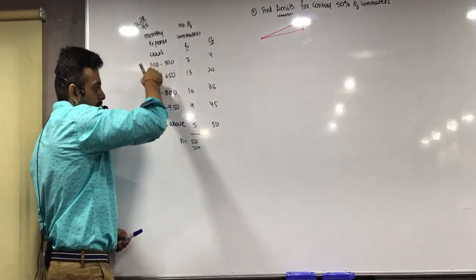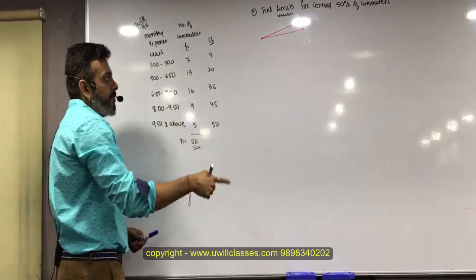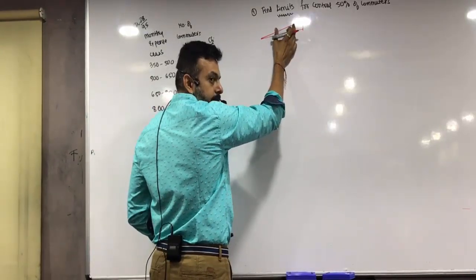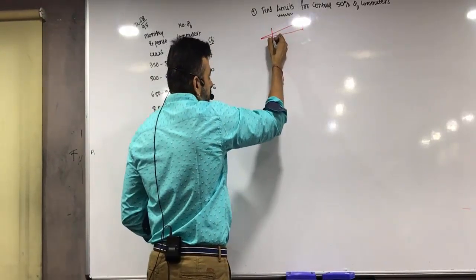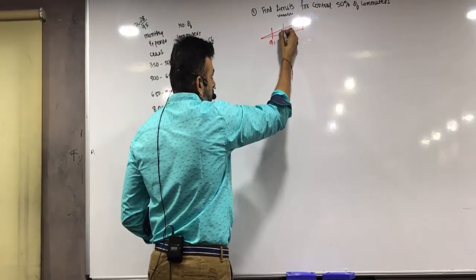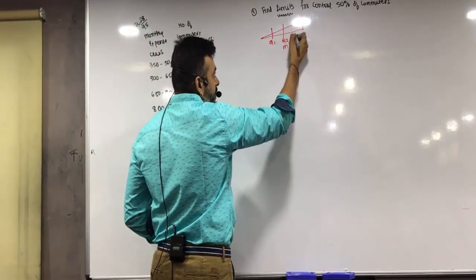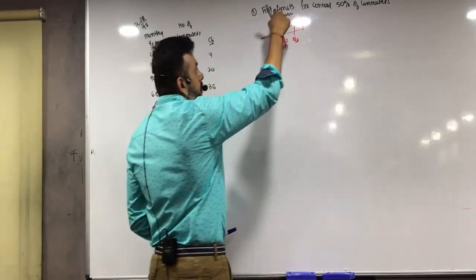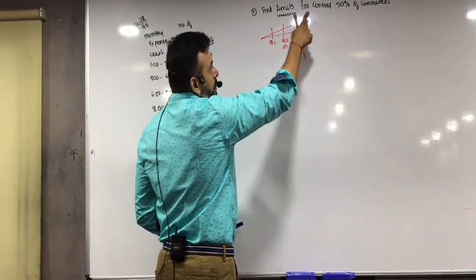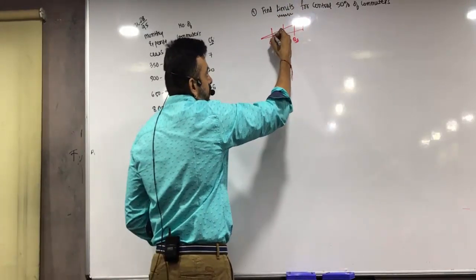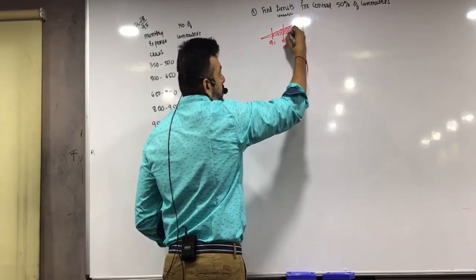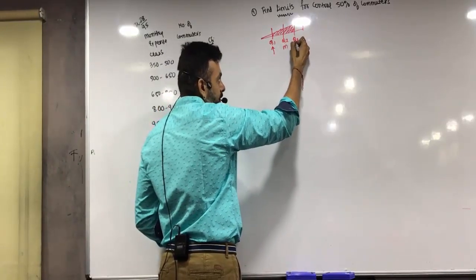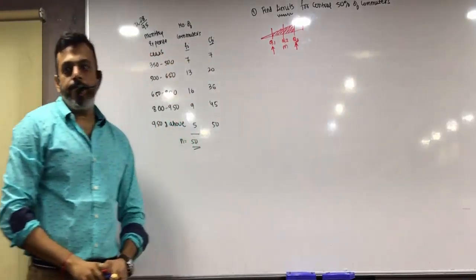This is minimum and this is maximum. Now I want the central 50%. This is Q1, this is Q2 or median, and this is Q3. I want the limits. This is your central 50%, so I have to find Q1 and Q3.